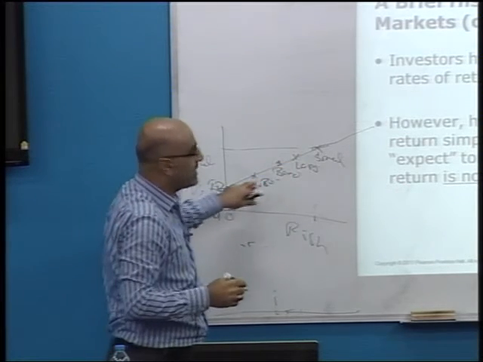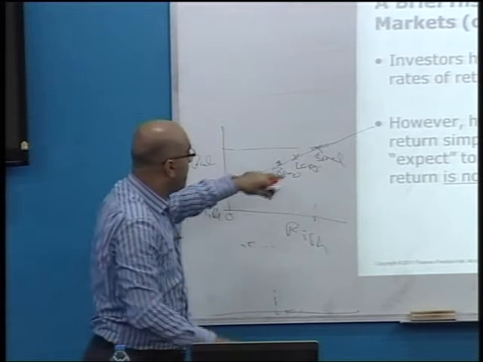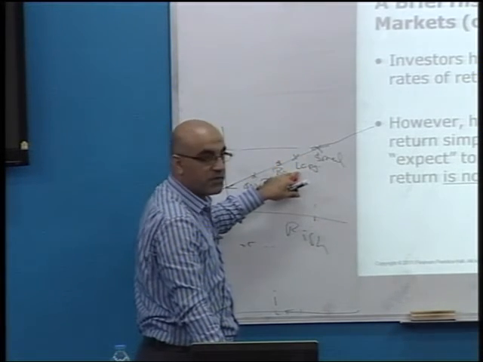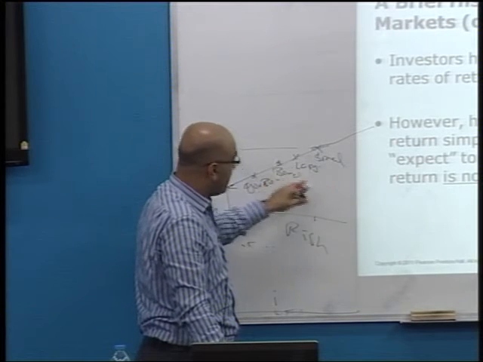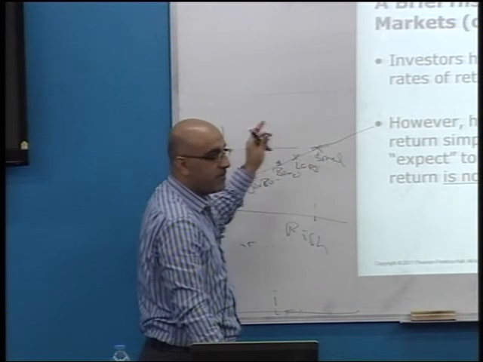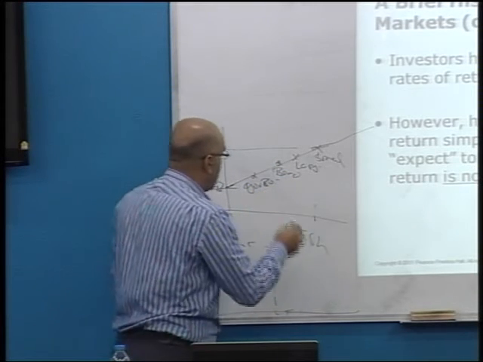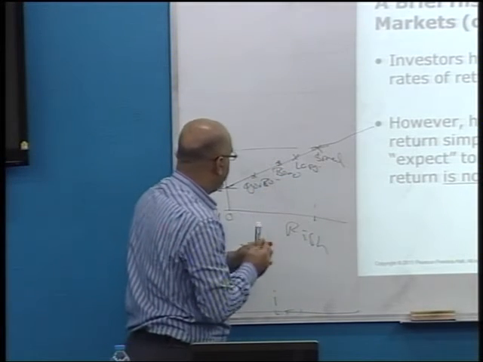This is ranked according to their risk. The smaller stocks hold higher risk than the larger stocks. Generally, stocks hold higher risk than the bonds.